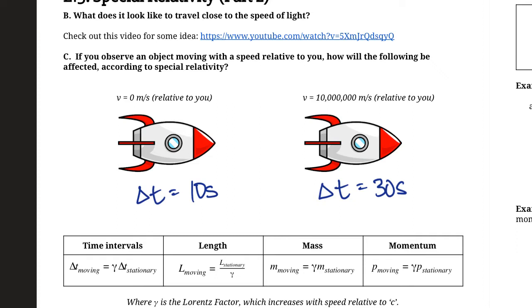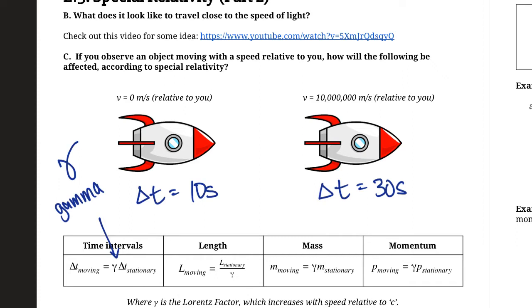This is called time dilation. And basically, if an object is moving relative to you, it will experience time, or you will see it experience time at a faster rate. So again, that's called time dilation, and the equation we can use to express that is a time interval of a moving object is equal to this factor called gamma, which is a Greek letter G, and it looks sort of like that.